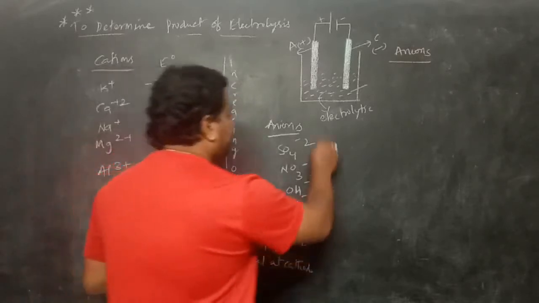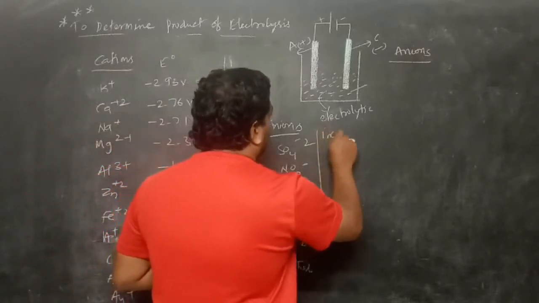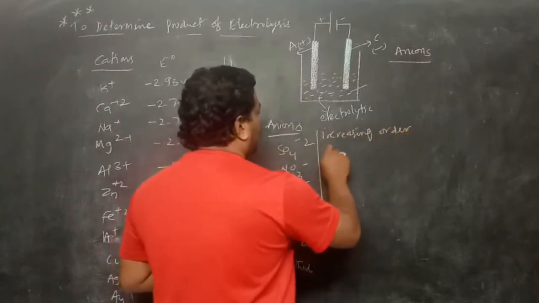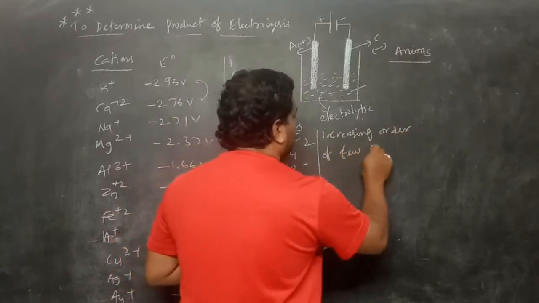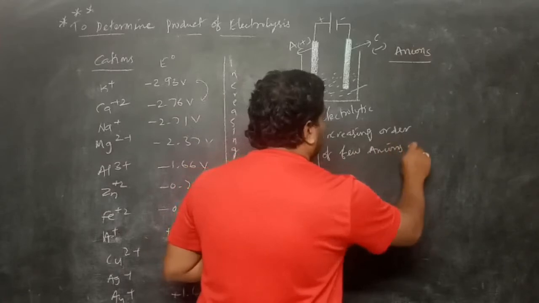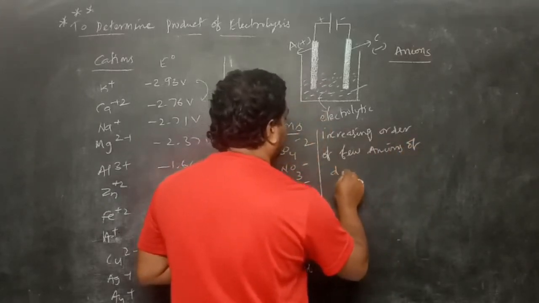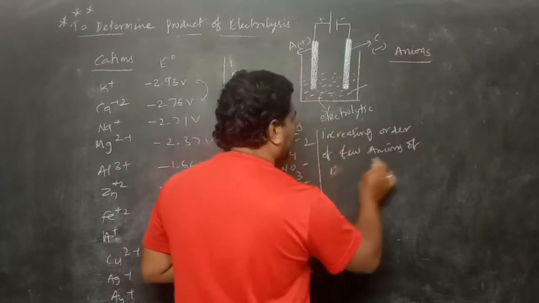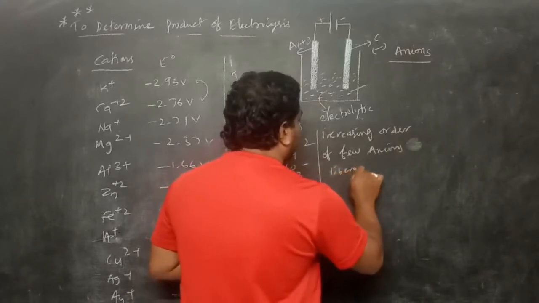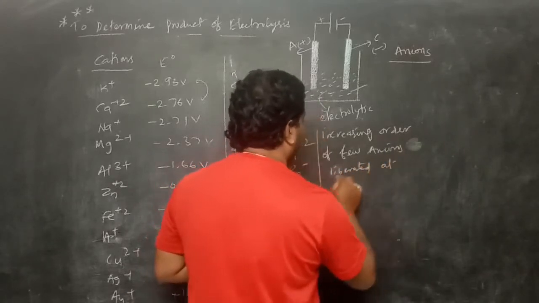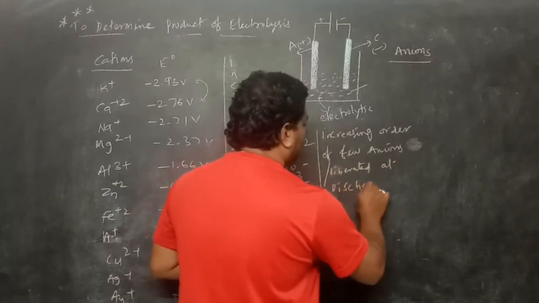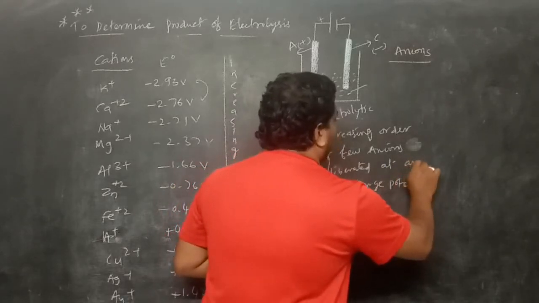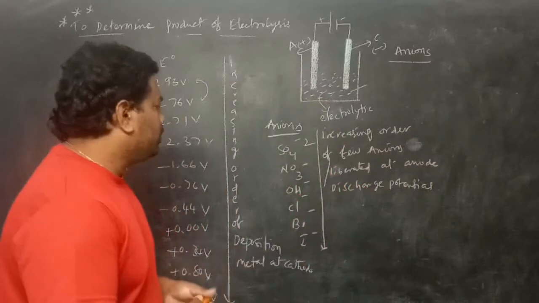So this is the increasing order of the discharge potential of a few anions liberated at the anode.